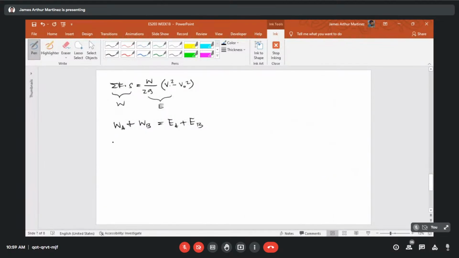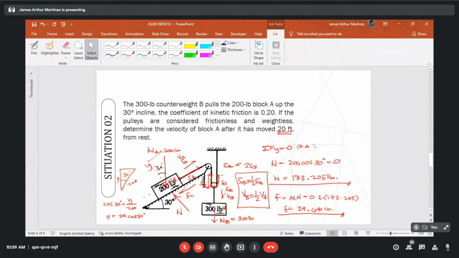summation of forces on the axis of the motion or the displacement. So for block A, we have the x-axis for the displacement, right? Meaning, we will sum up forces on the x-axis. And what are the forces on the x-axis?